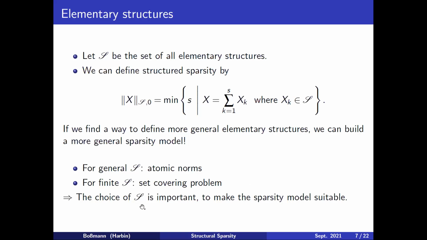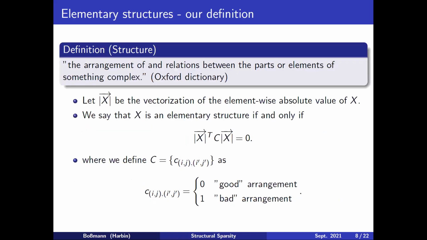So yeah, as I said, we need to find a suitable choice of S. So our idea is based on the following. If you look up the definition of structure, actually I did this for this talk, it says a structure is basically the arrangement or the relations between parts or elements of something complex.